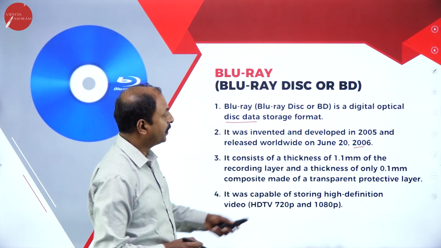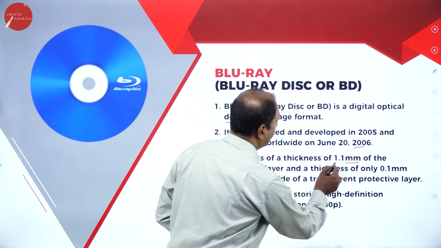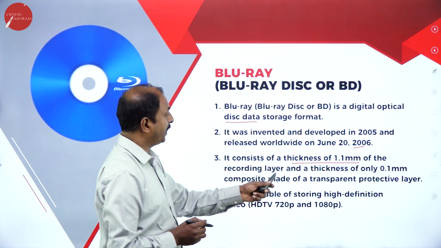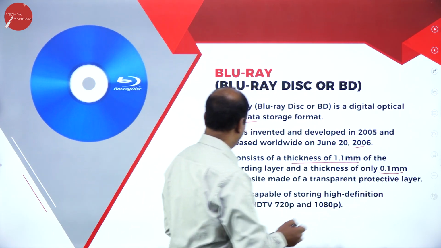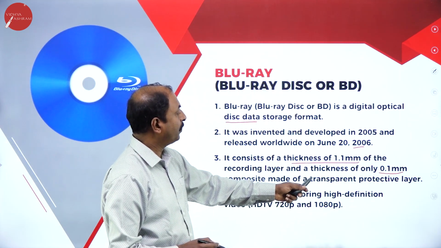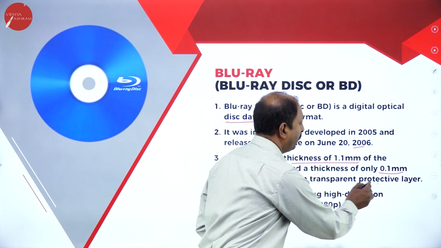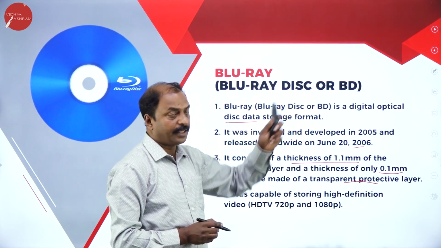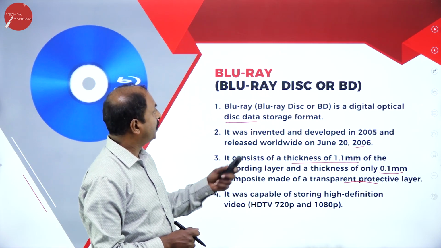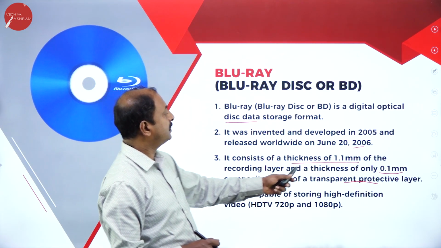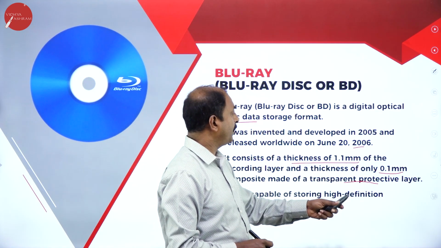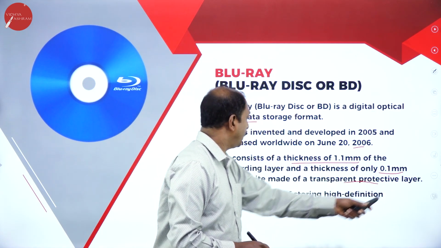It consists of a recording layer 1.1 mm thick and a composite of only 0.1 mm made up of a transparent protective layer. So the Blu-ray disc is the next advanced version in optical storage media.